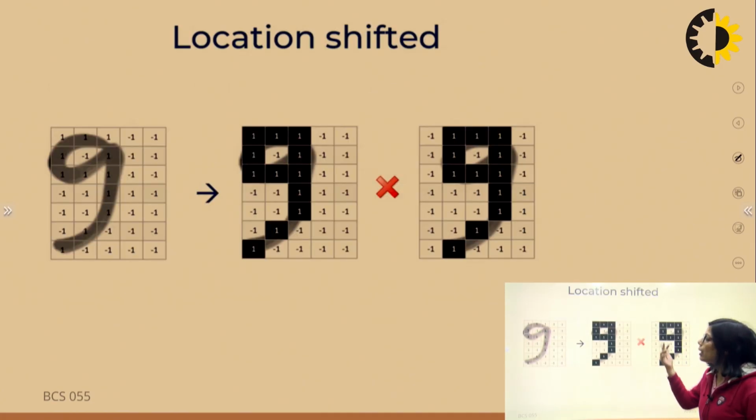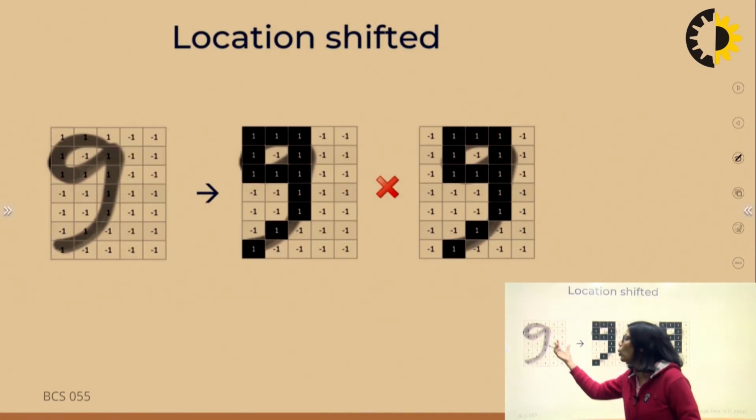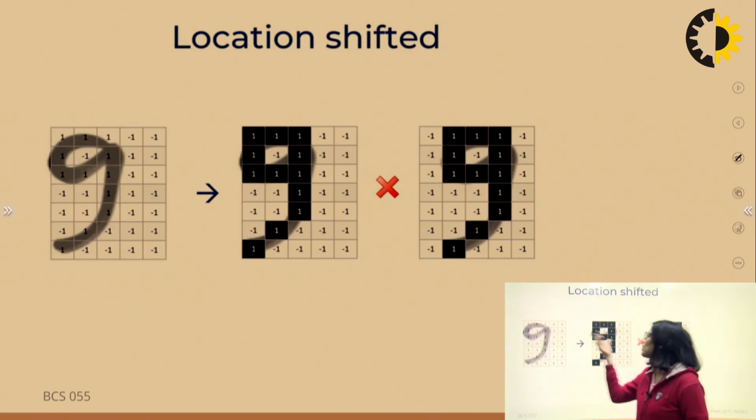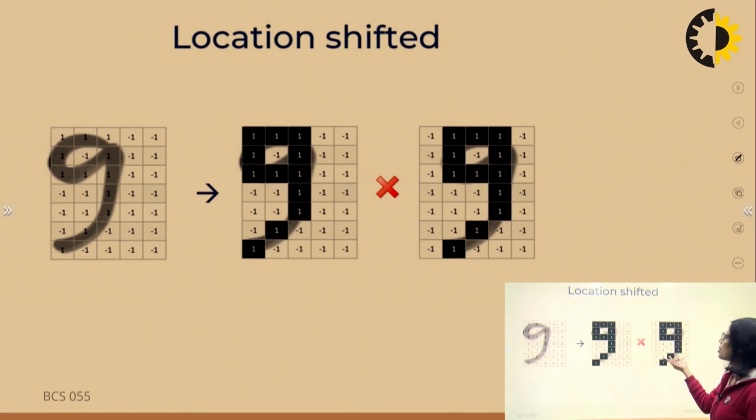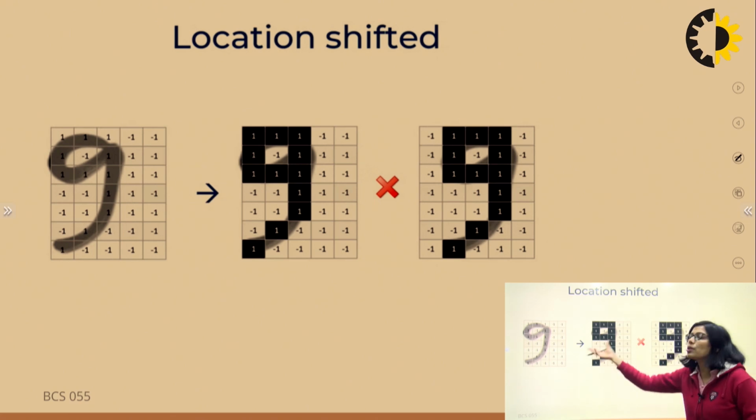For example, if my handwritten 9 shifts to the left, its corresponding pixel values will be like this. Now it won't match with the trained 9. So in this picture and this picture, they are not matching. Obviously my system won't be able to find out that this number is also 9, though the location has shifted.